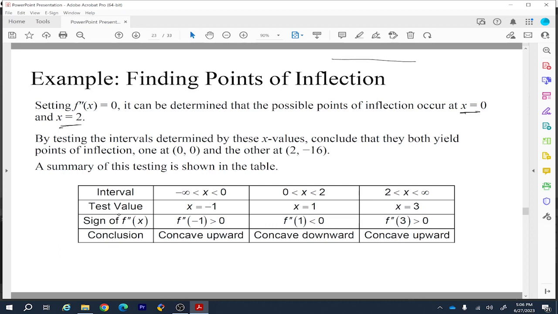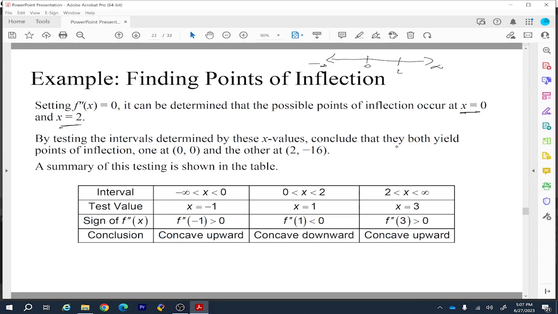So here is the interval. There is a 0, there is a 2. So there are 3 intervals. We're going to check the second derivative, and as you can see here in this table, these are the testing values: x equal to -1 from this interval, x equal to 1 from this interval, and x equal to 3 from this interval.